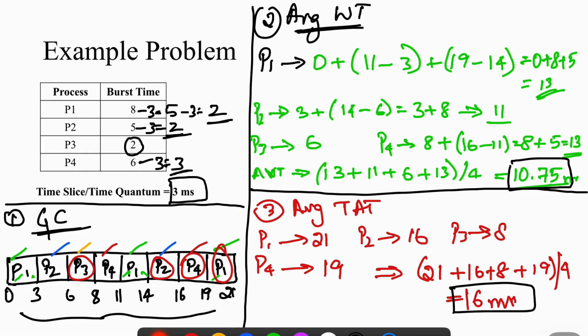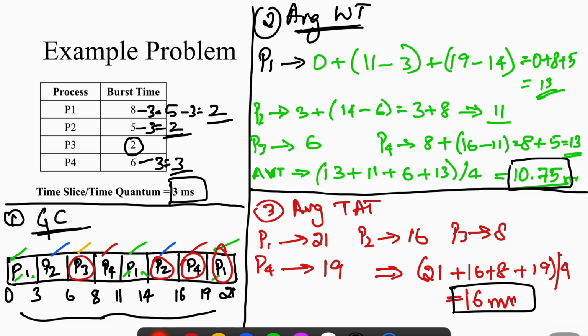So here, the overall problem shows we are giving equal opportunity to each and every process. It is a fair amount of time that is given. And when we talk about the time quantum, why is this used?